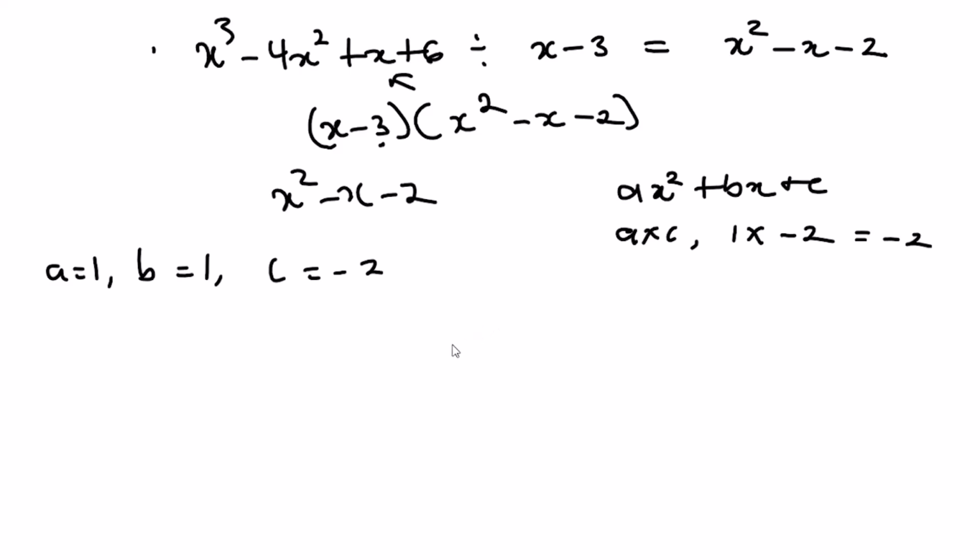So which numbers are these? When we take -2 and 1, you see that -2 times 1 will give you -2. But when you add them, -2 plus 1, this is going to give us what? -1. So we can use these two numbers.